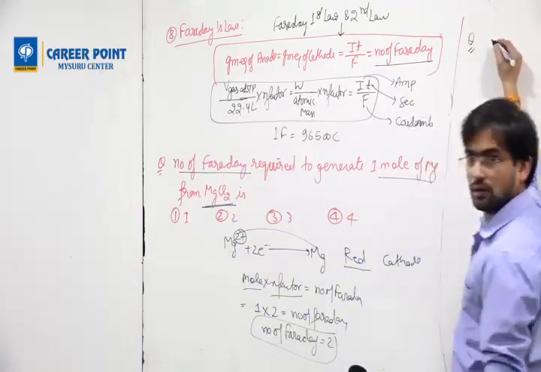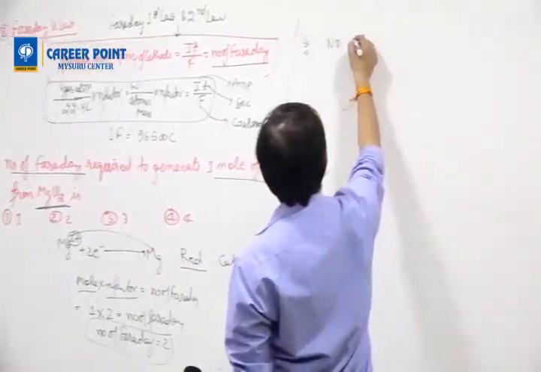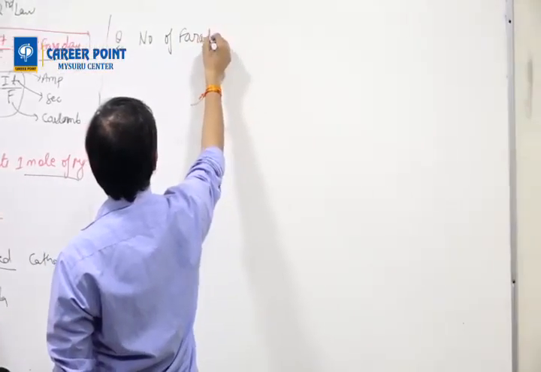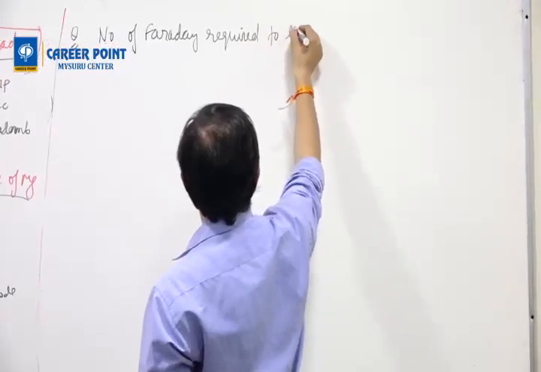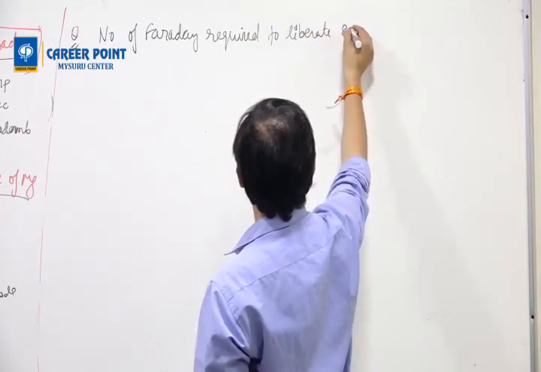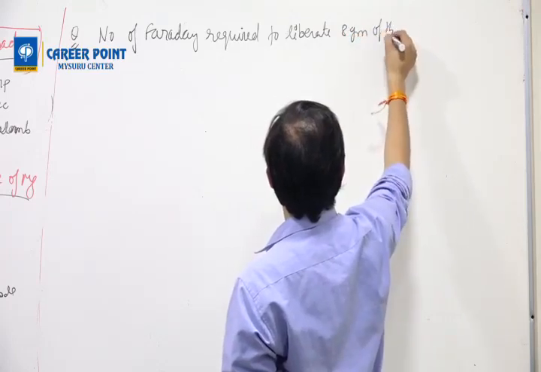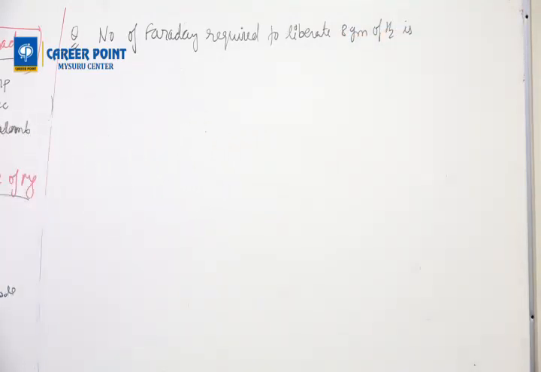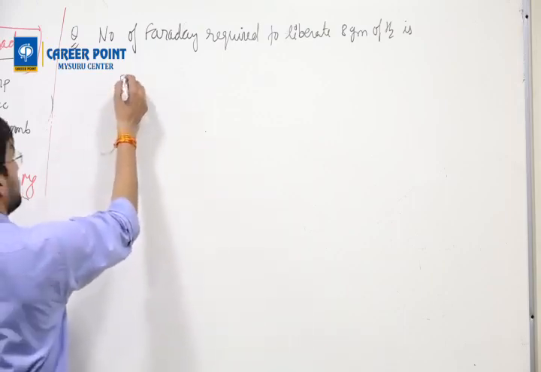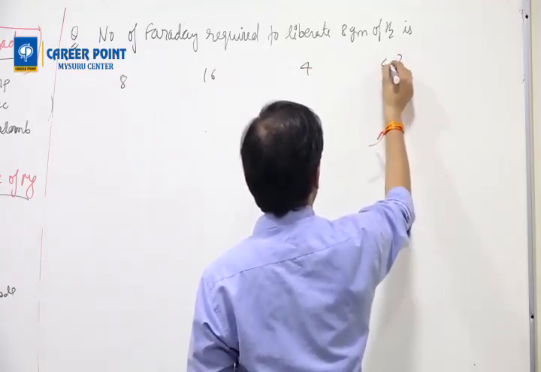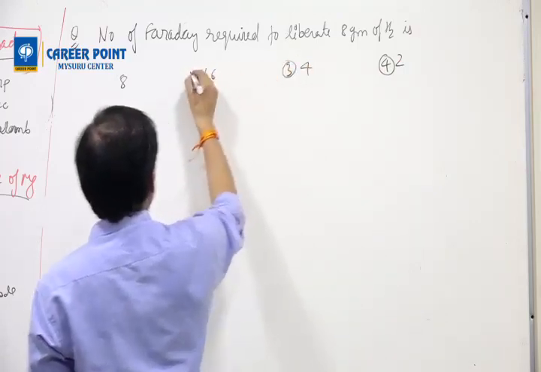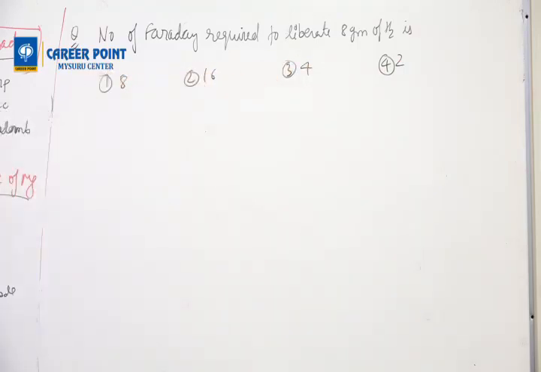Question: Number of Faraday required to liberate 8 gram of hydrogen is. Solve.